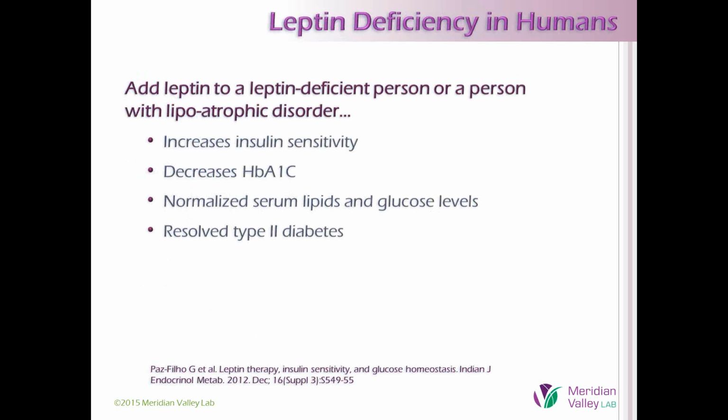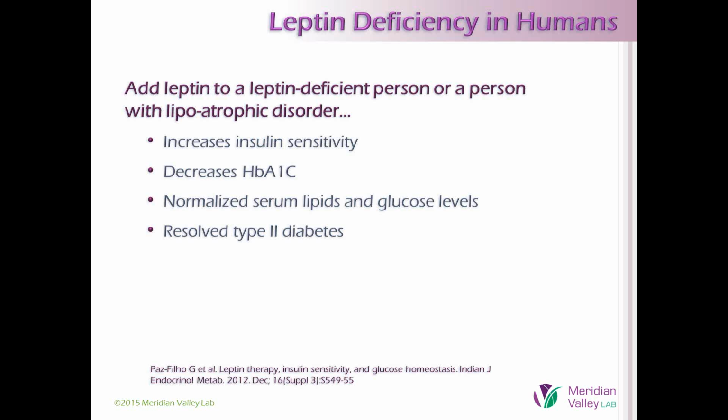And in people that have the genetic mutation or genetic defect to be leptin deficient, this is very rare, basically all of the opposite things happen. They increase their insulin exposure overall.